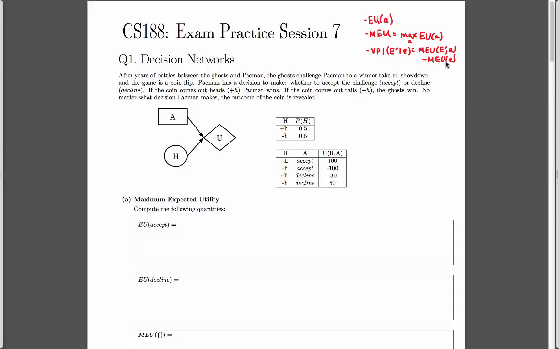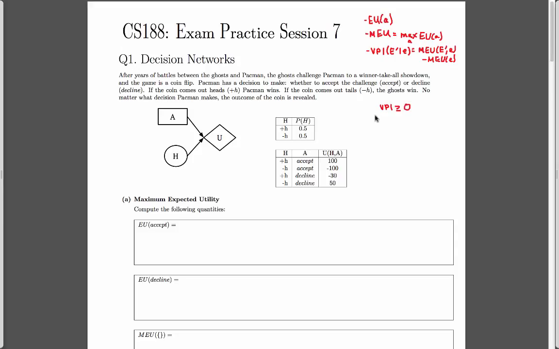And some of the properties of VPI is that VPI is always non-negative, so it's greater than or equal to 0. So the value of acquiring new evidence is always either going to be positive or it's going to be 0. And in the case it's 0, that means that your maximum utility hasn't increased and you haven't gained any information that will help you increase your utility.